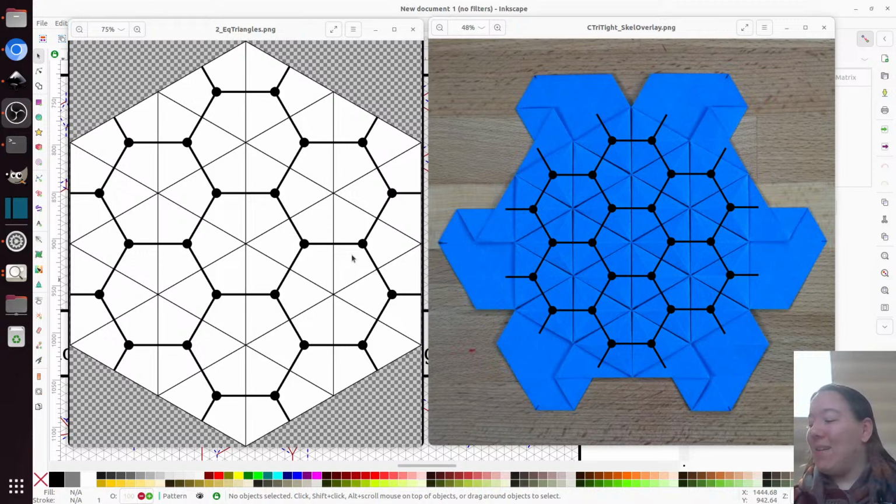And the idea is developed really mathematically in Lang's book, where you're first learning about the flat foldability conditions of individual vertices, places where folds come together. And then you're learning about twists, and then you're learning about twist tiles, and then you're learning about repeating patterns and tilings and tessellations.